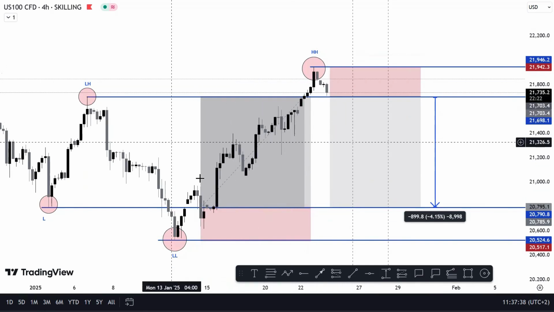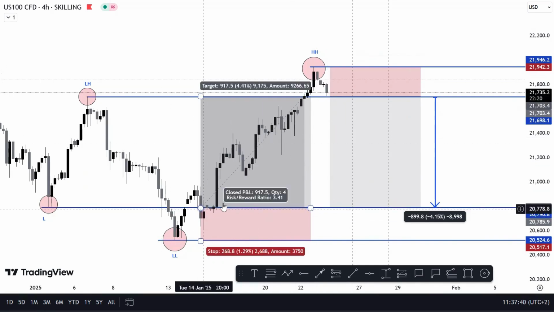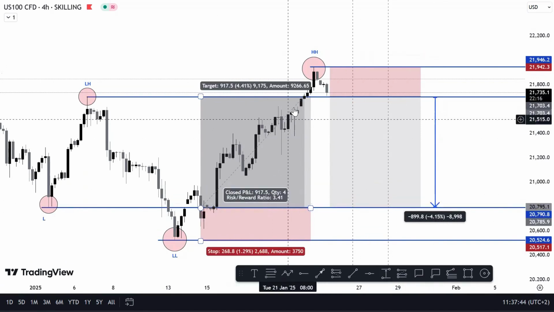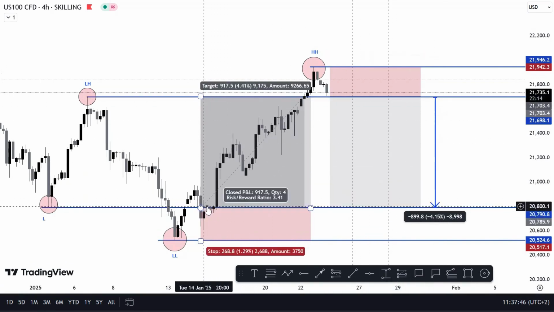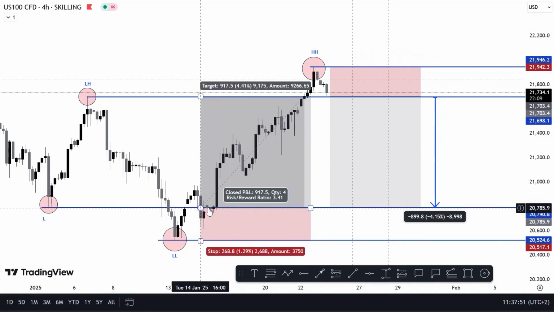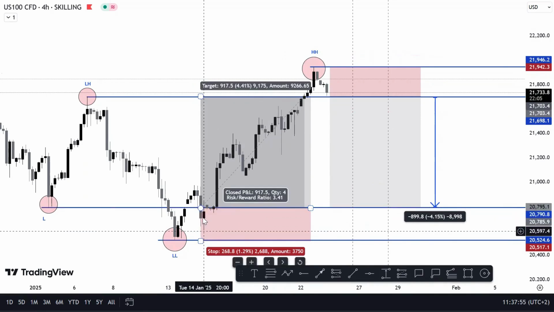So we had this entry here on the upside, also the same amount of pips going up, but look at this, by the grace of God, it did go up. But you see, the minute it entered your entry, it went down almost 200 points, I'd say 180, 190 pips.